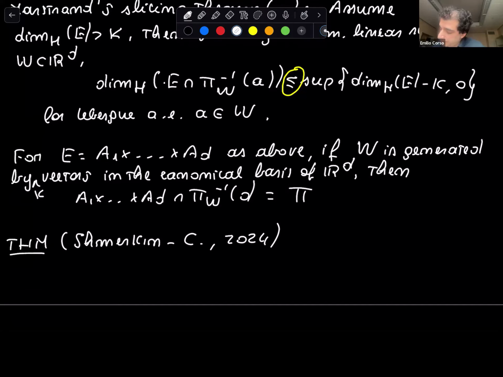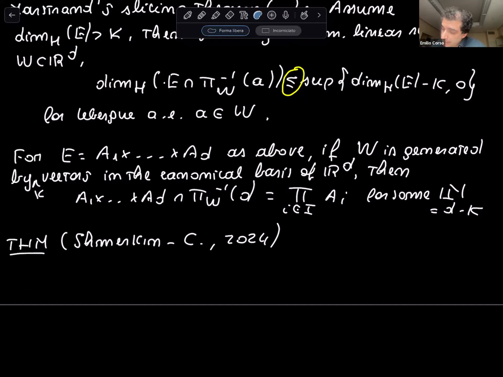It can naturally be identified with a subproduct. So it's the product for i in I of the A_i for some I of cardinality D minus K. So you're taking only some of those.